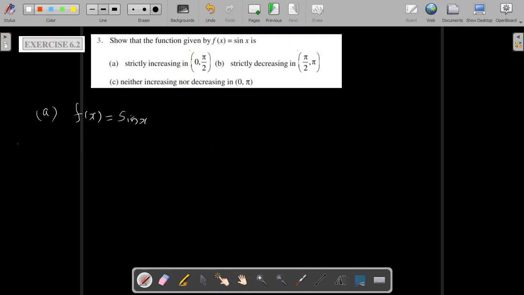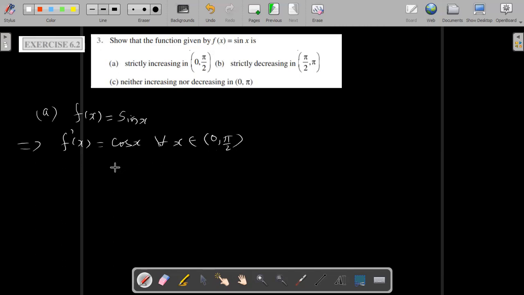Now we have to find the differential of this, f dash x. F dash x, the differential of sin x, is cos x, for all x belonging to the interval 0 to pi by 2, 0 to 90 degrees.